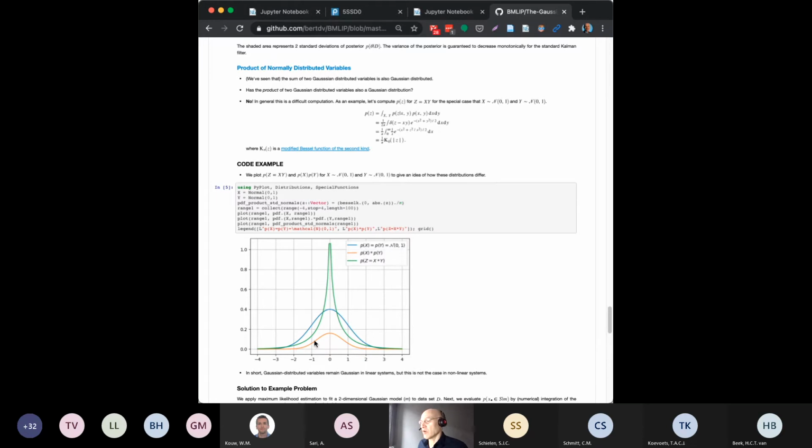Here in orange are two Gaussian distributions, p(x) and p(y), and they're both simple Gaussian distributions. If I multiply these two distributions, a Gaussian times a Gaussian, I get a new Gaussian. And that means that the orange one is also a Gaussian. However, the distribution for z, and z is here the product of these two variables, so not the product of the distributions, is a Bessel function.